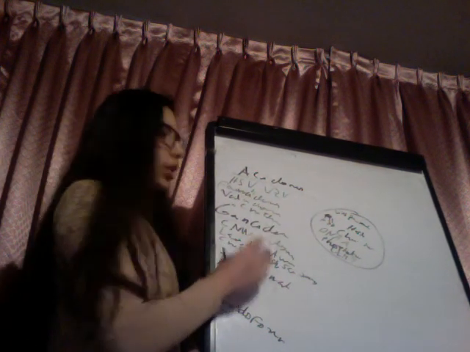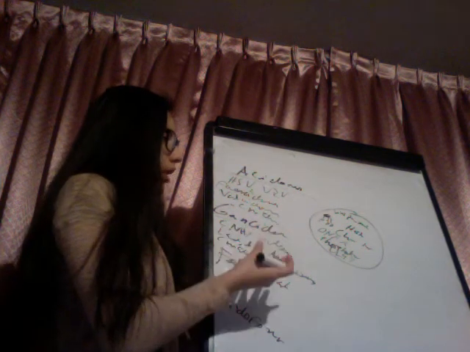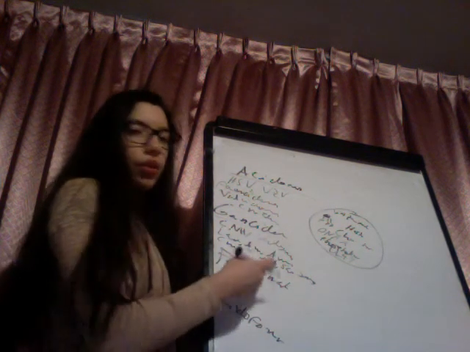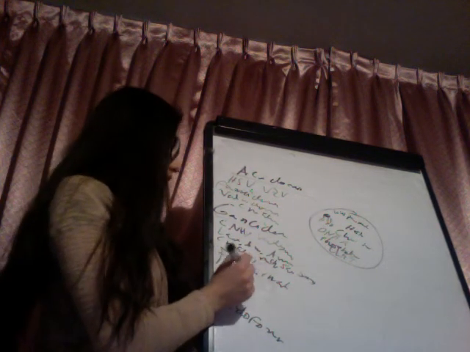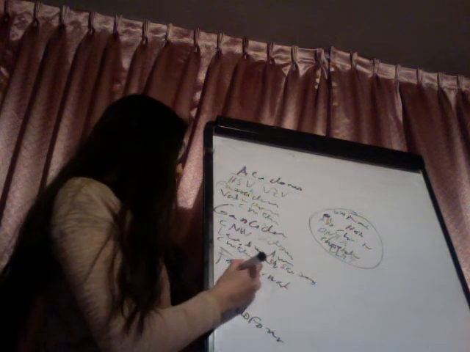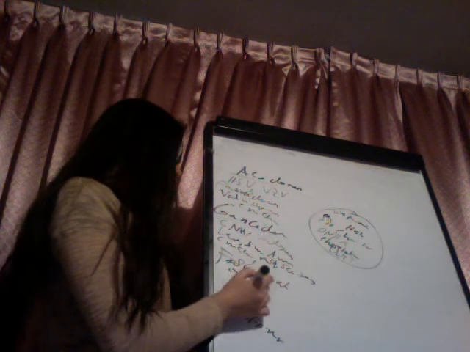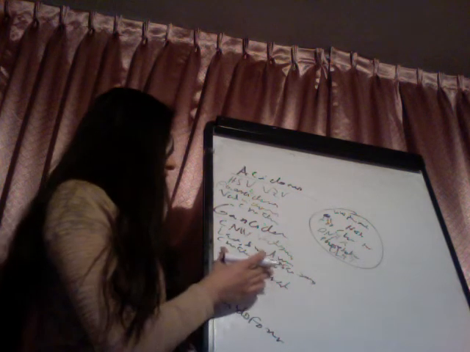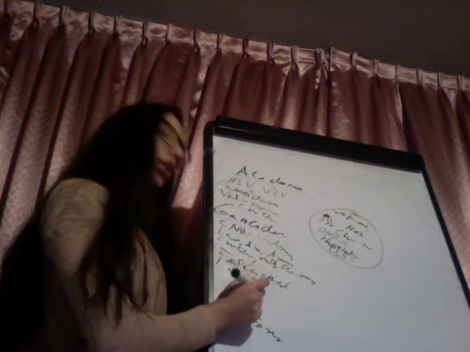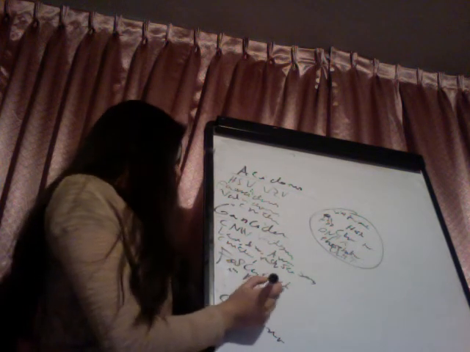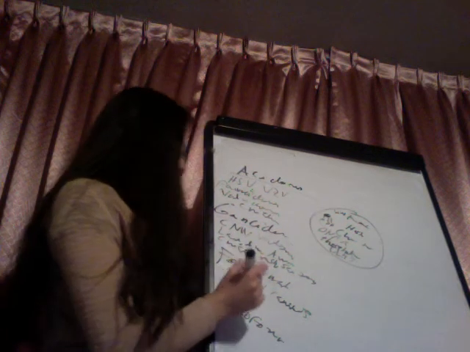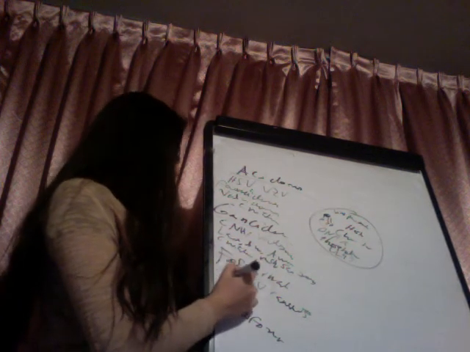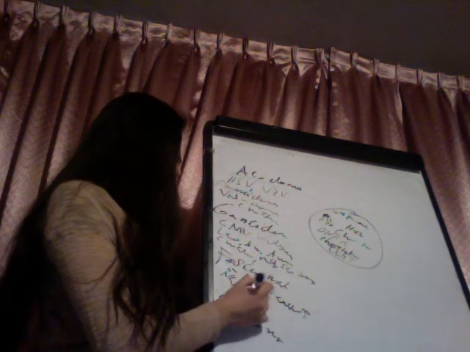Foscarnet does not need the first activation, it does not need to be phosphorylated by the viral kinase, but it needs the triphosphate. Foscarnet is used in immunocompromised patients like HIV patients when there is resistance to ganciclovir. It's mainly used for retinitis. The adverse effect is extreme nephrotoxicity.